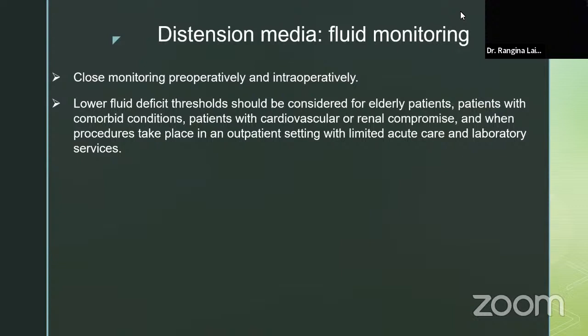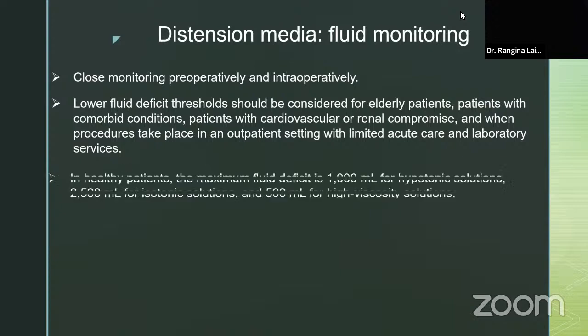We should be very careful with elderly patients, patients with comorbid conditions, especially cardiovascular and renal compromise. The maximum fluid deficit should be around 1000 ml for hypotonic solution and 2500 ml for isotonic solution.